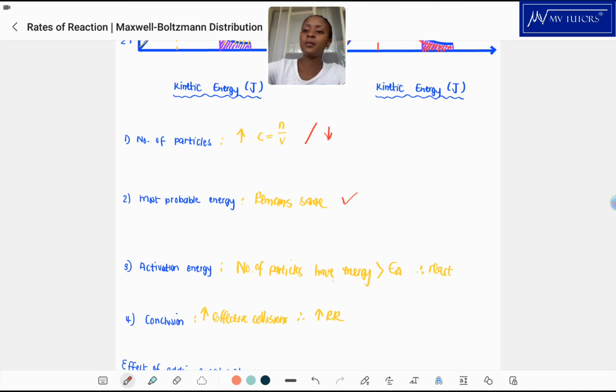I should have written here that the number of particles with energy bigger than that increased when you increased concentration, but when you decrease concentration, the number of particles with energy higher than the activation energy has decreased. Therefore not a lot of them react, so not a lot of reaction is happening.